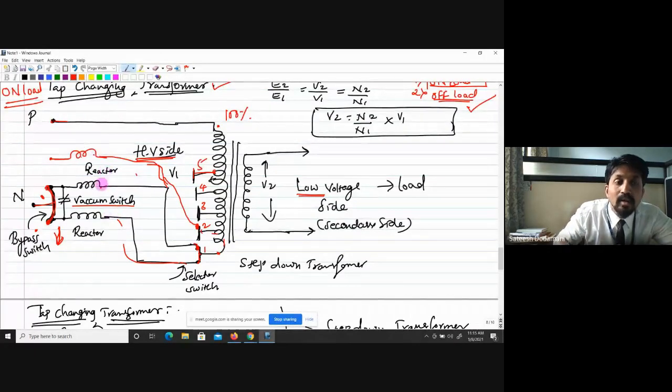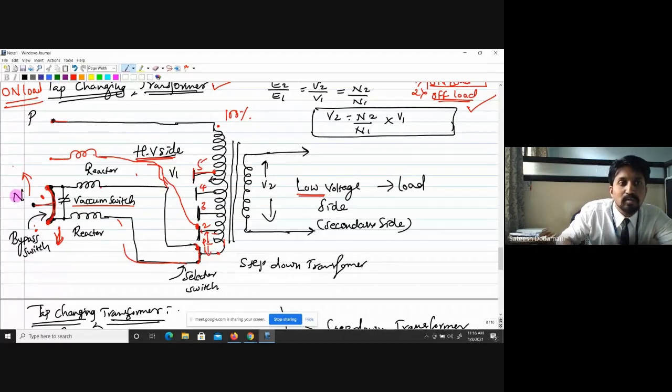This reactor opposes the change in the current, because there will be a voltage difference, a potential difference, between these 2 points, and it will circulate a current, and that current produces the spark. To avoid that spark, reactors are connected. Then once that is over, this vacuum switch will be open. Afterwards, this bypass switch will be moved in this fashion.